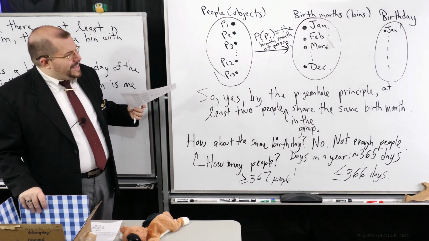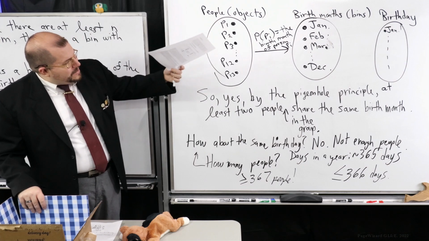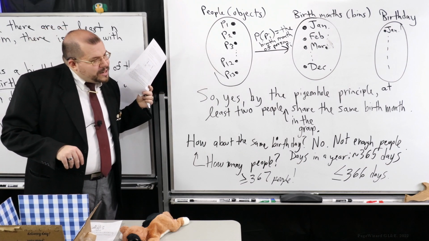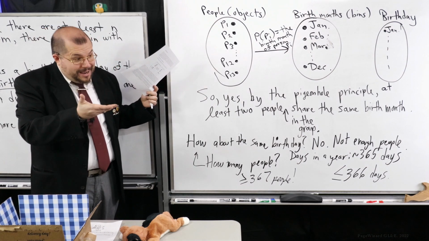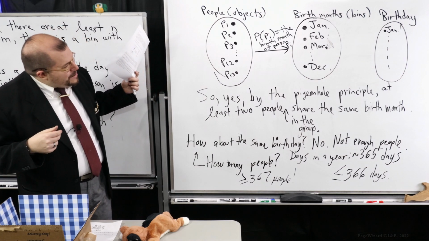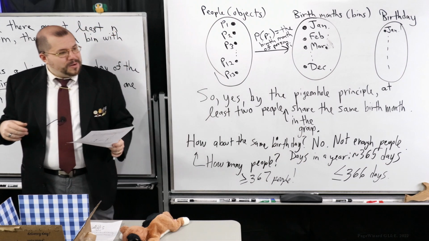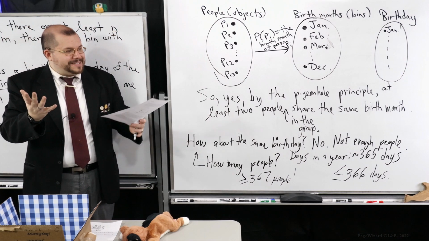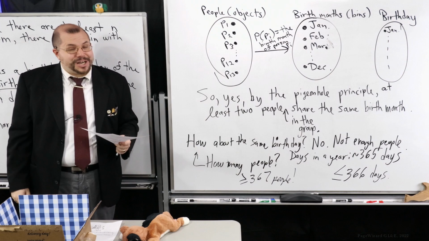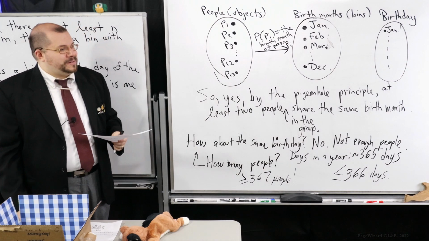So the point is that we have to identify the objects and the bins, and then there's some function underlying this that describes how we assign the objects to the bins, or equivalently, one finite set to another finite set. And then we check the conditions of the pigeonhole principle.